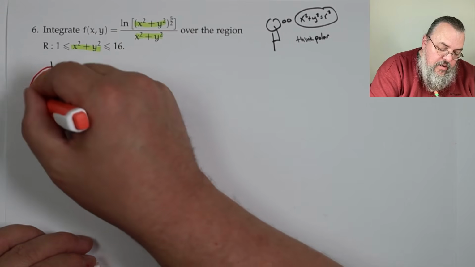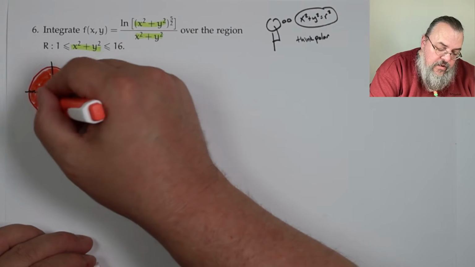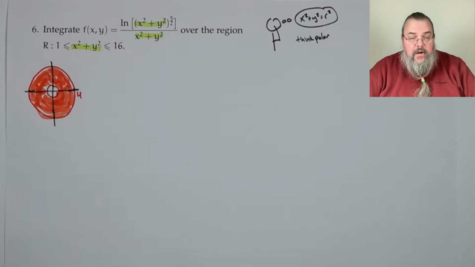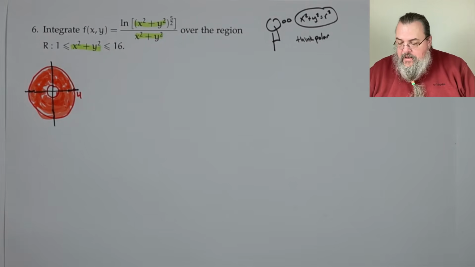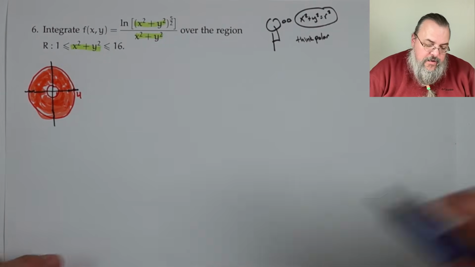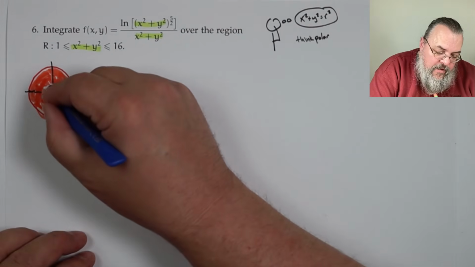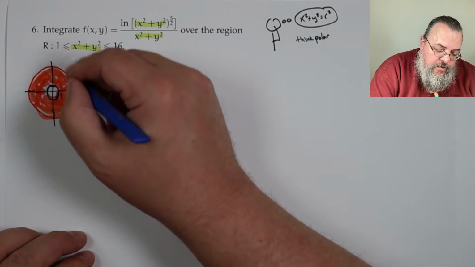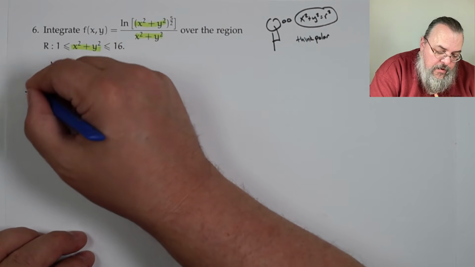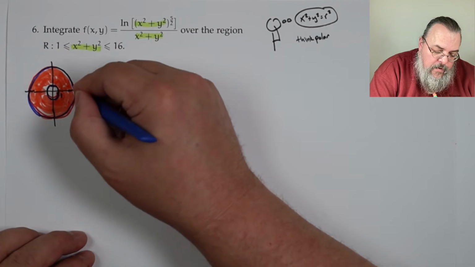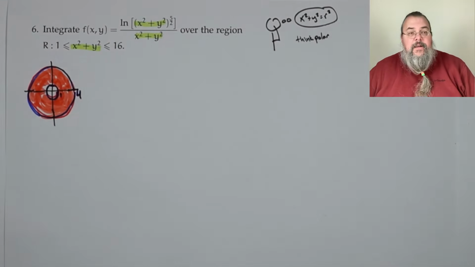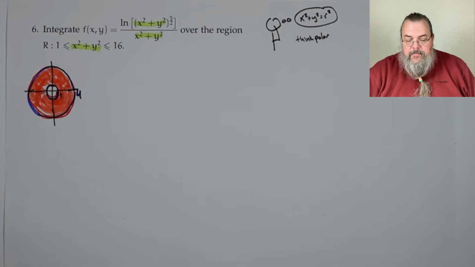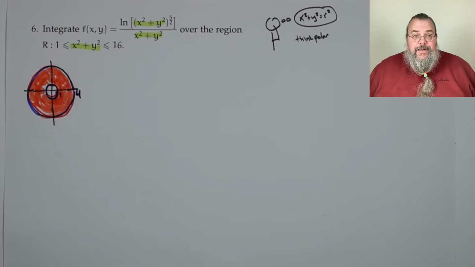All right. So there we go. There's our shape. And maybe I'll choose a different color just to really emphasize the region. So, right, 1 and 4.